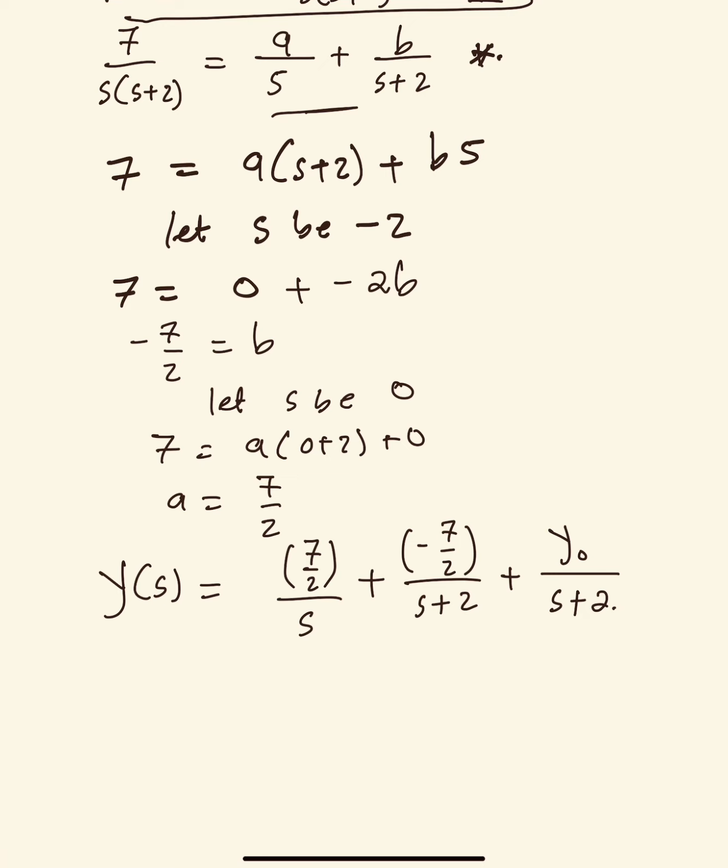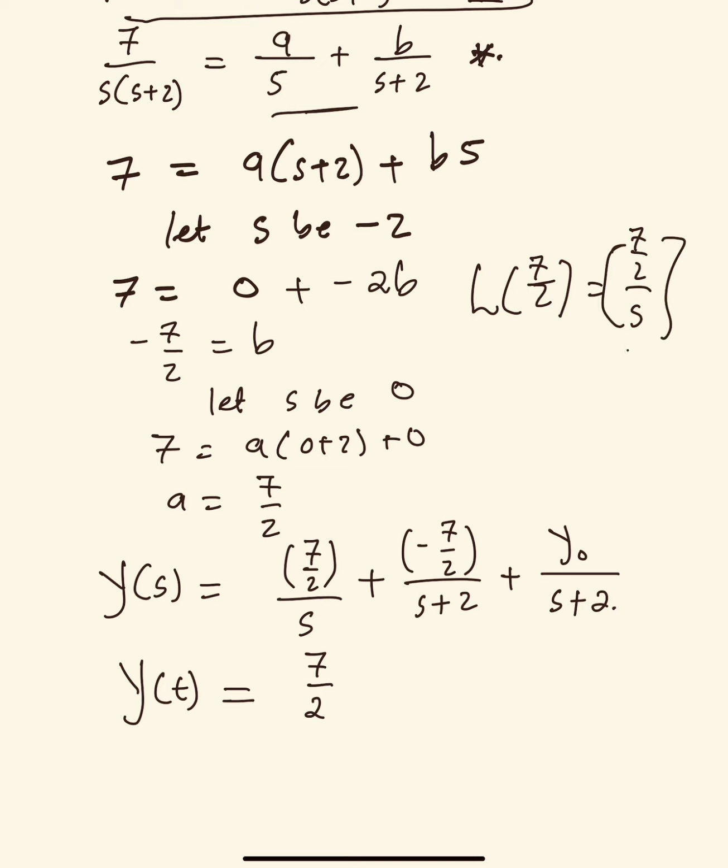So the inverse Laplace transform will just give us y of t is equal to 7 over 2, because we know that the Laplace transform of 7 over 2 is equal to 7 over 2 over s.